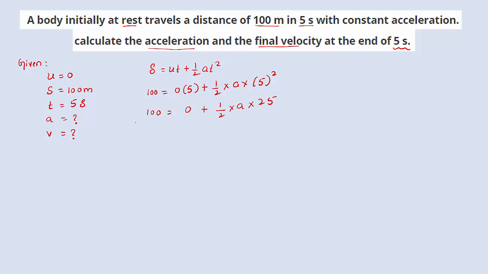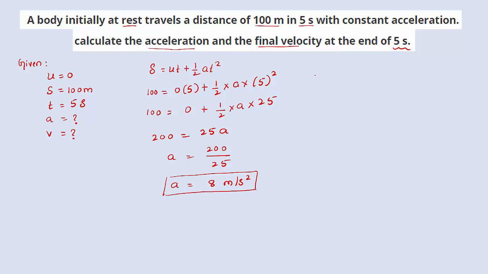So this 2 we can take to the LHS side, it will go to the numerator. 100 into 2 will be 200 equals 25a, or a equals 200 divided by 25. So 200 by 25 gives 8 meter per second square. So this is the acceleration of the body.